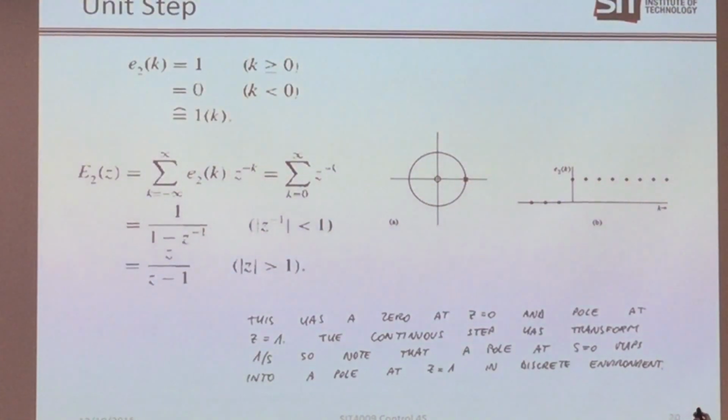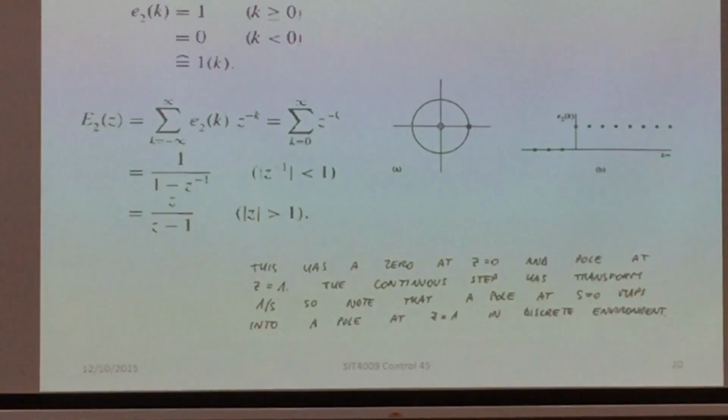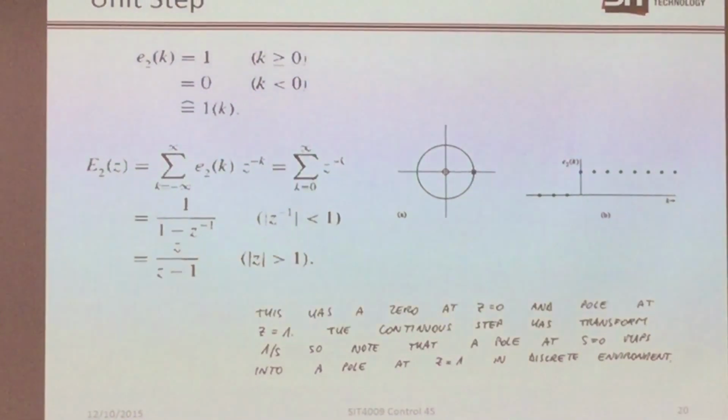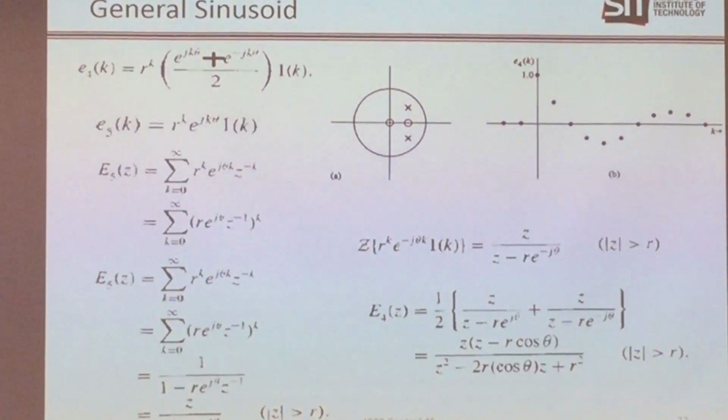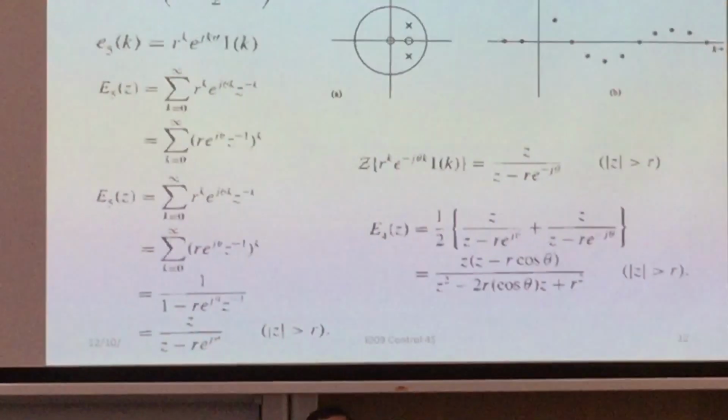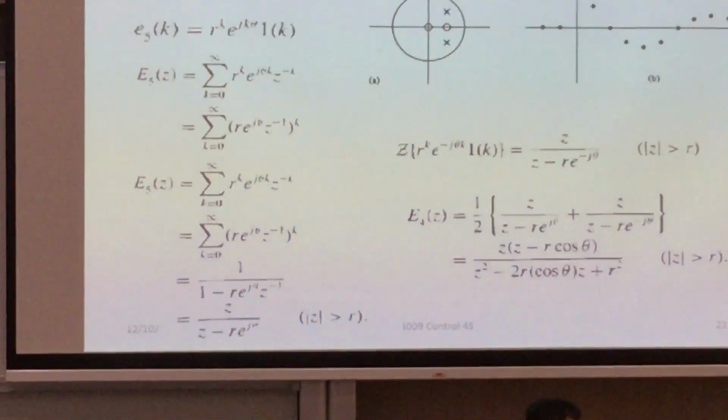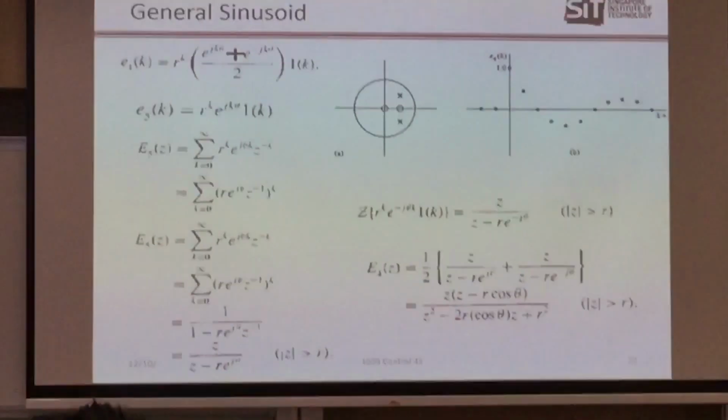And for the unit step, you see this one never diverges, but also never decays, right? So you see this one has a pole at 1. And if you want, you can also express some general signal functions.